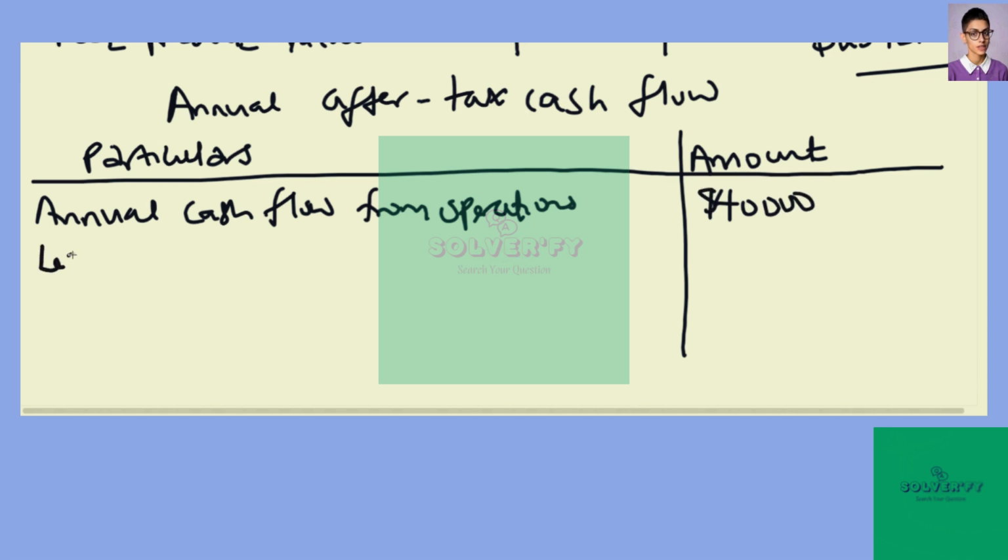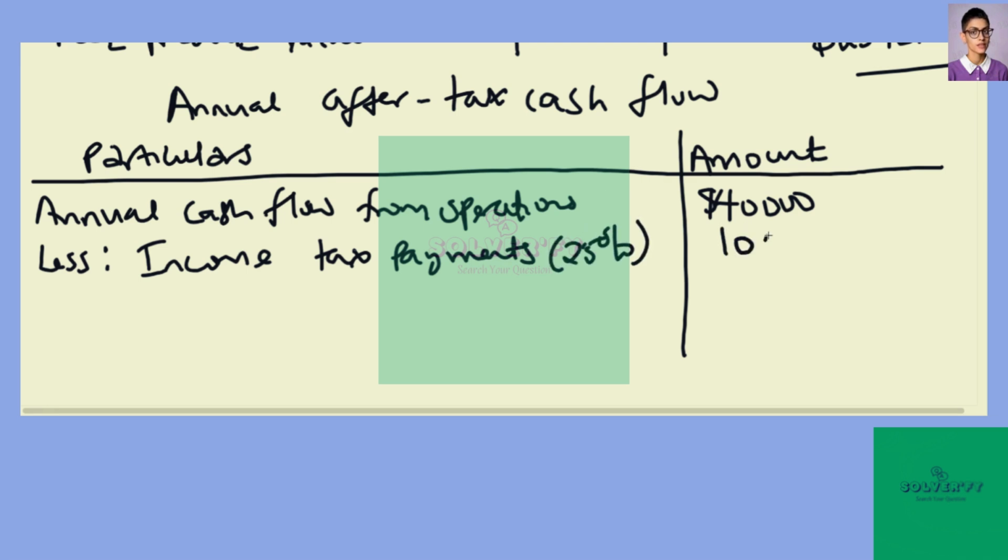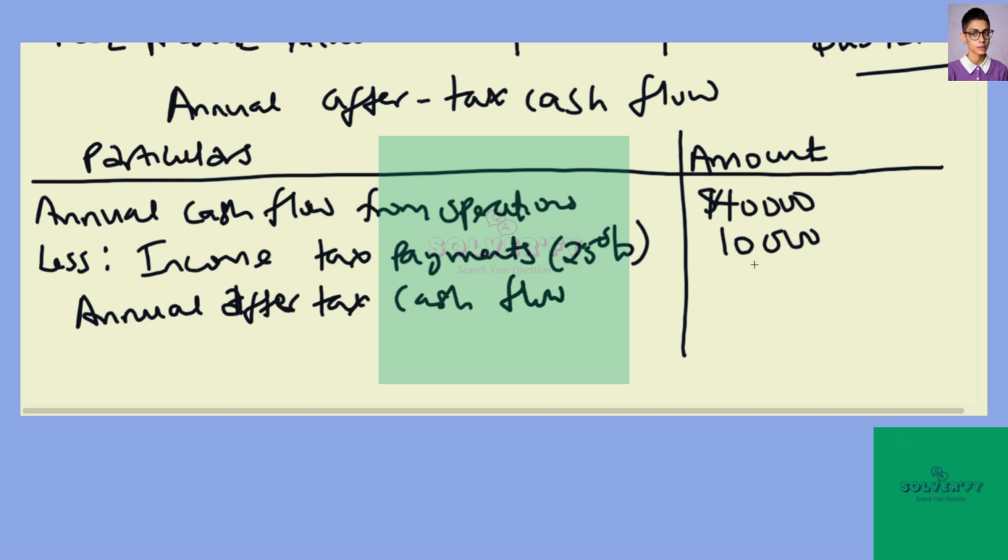Then we subtract the income tax payments, and this is 25% of the annual cash flow. When you work out 25%, you get $10,000. And then what we get is the annual after-tax cash flows, and this is 30,000.